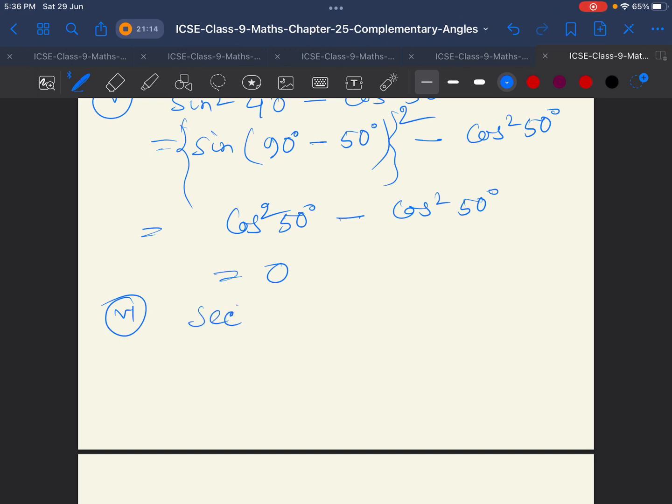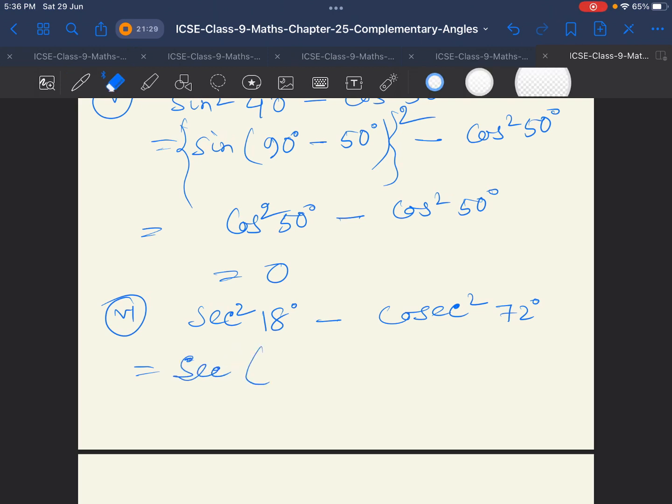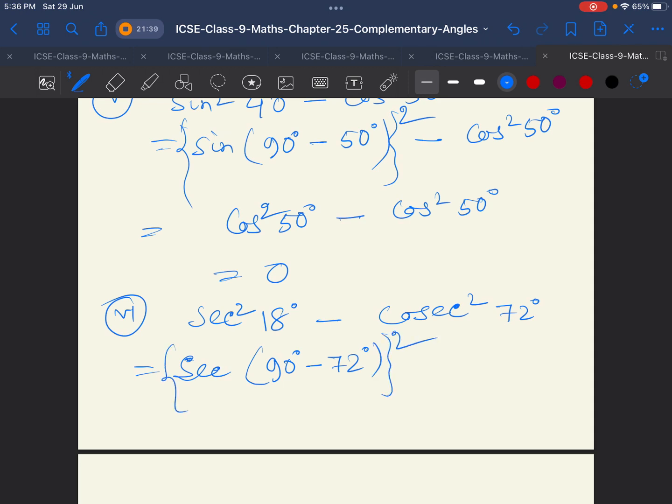Question number 6: sec square 18 degree minus cos square 72 degree. Here 18 means 90 minus 72 degree, so this is sec square (90 minus 72) degree minus cos square 72 degree.